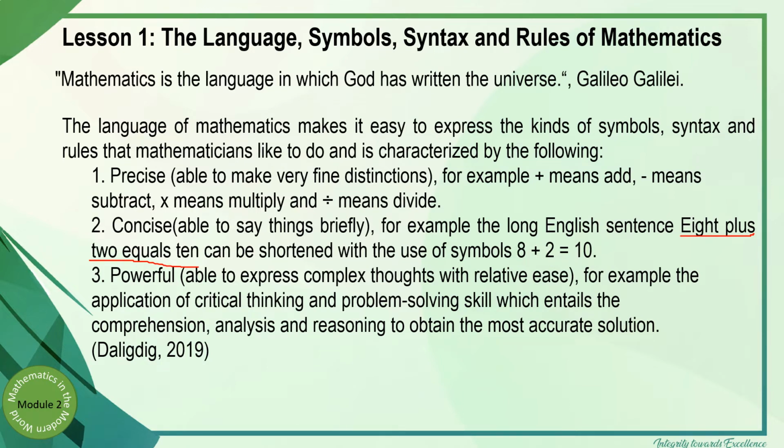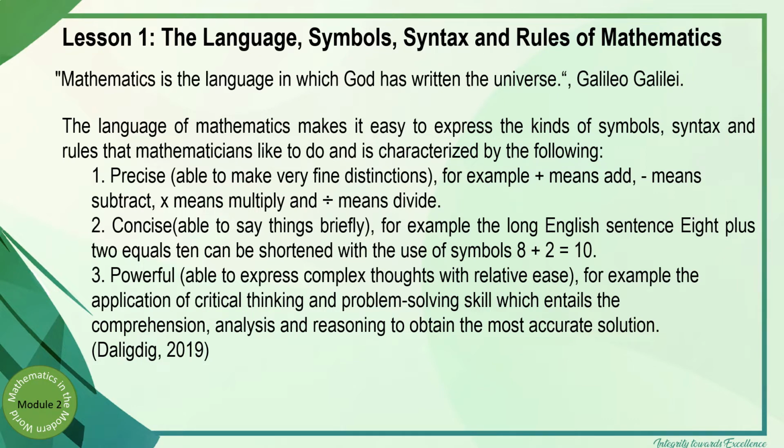Okay, then, the language of mathematics is powerful. Sinabi nating powerful, ibig sabihin nito, kaya niyang pasimplihin yung mga komplikadong explanations. Isang halimbawa na lang dyan ay yung Pythagorean theorem.